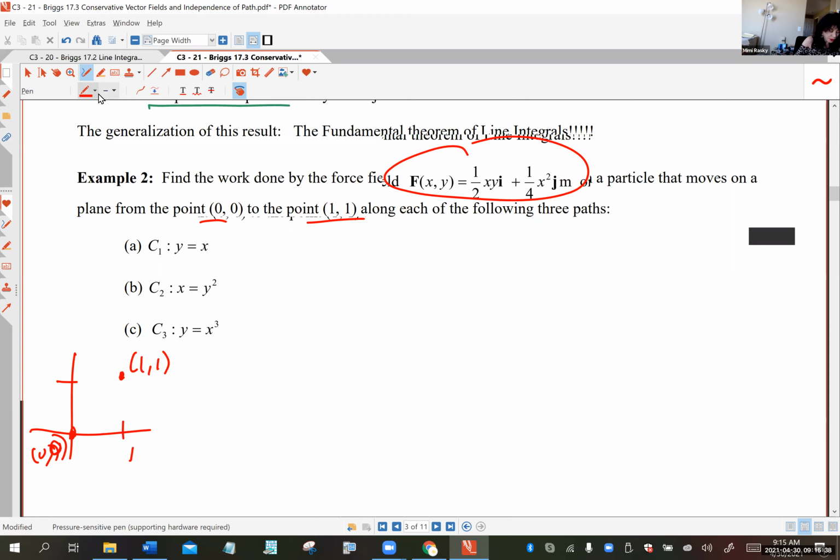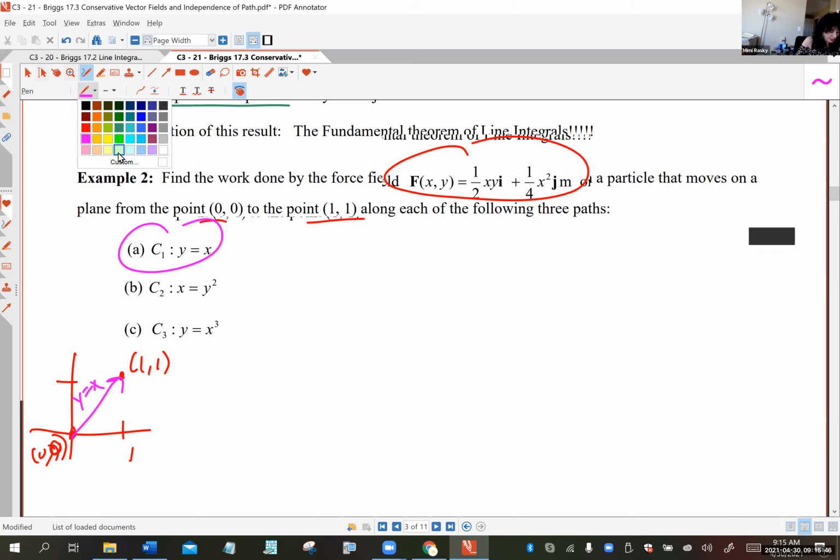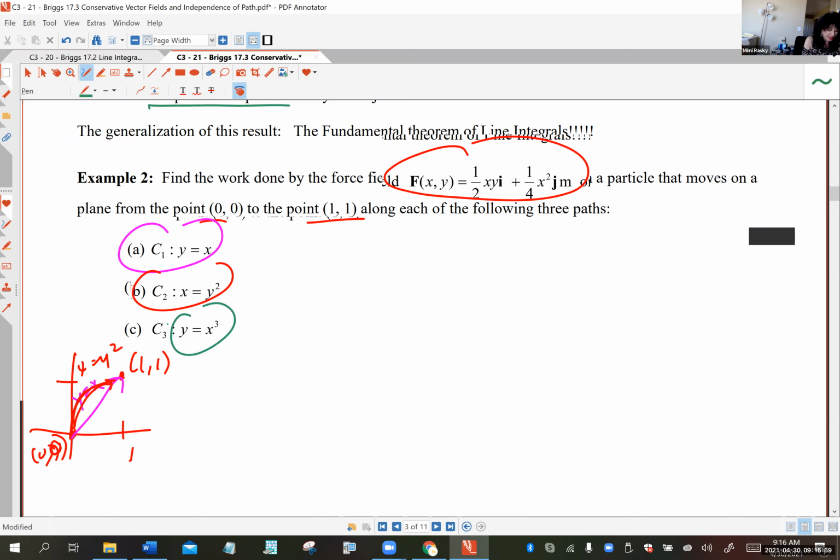So the first curve, this guy here, is just a straight shot, y equals x. Okay? The second curve shares the starting and stopping point, but it's going to go along a sideways parabola like this, x equals y squared. And then the last curve still shares the same starting and stopping point, but it's going to be along y equals x cubed.